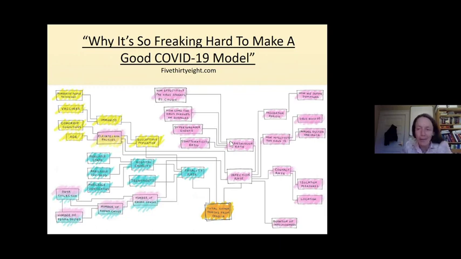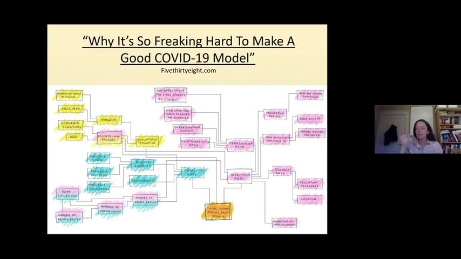So another thing about modeling, 538.com is one I really enjoy reading, some of their articles and some of their polls, or their consolidation of polls. But this shows you why modeling can be so difficult if you're trying to pinpoint every single characteristic variable that could potentially affect your outcome.